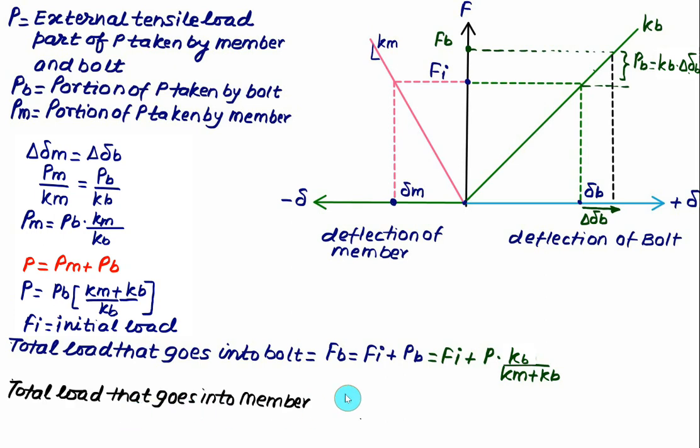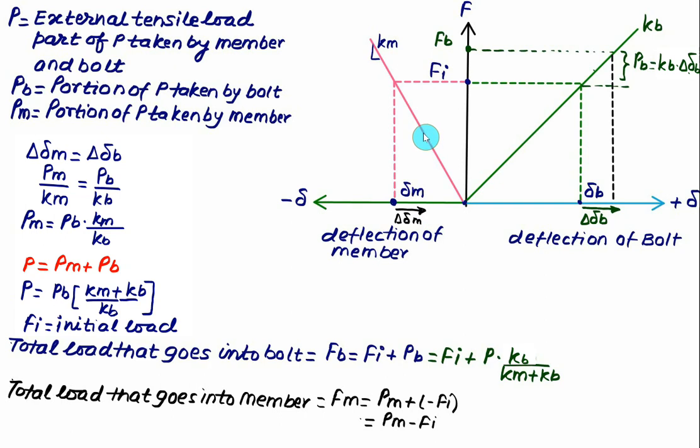The total load that goes into the member will be written as Fm, and is equal to the portion of the load taken by the member, PM, minus Fi, because we have taken the initial load for the member as compression, so basically it's a plus and minus Fi. So the final equation is Fm equal to PM minus Fi. But when the external load is applied here, the member also gets elongated by an equal amount, delta M. So we can project a perpendicular again from this point.